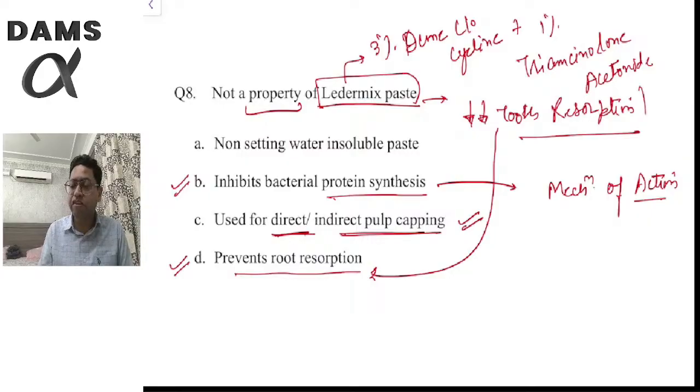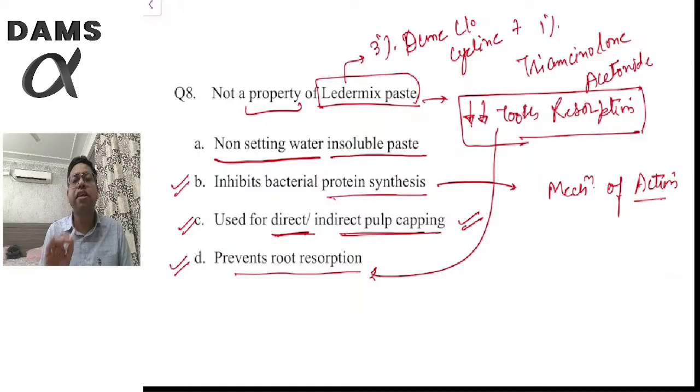The primary use is for cases of tooth resorption, but it can be used for cases of direct and indirect pulp capping. It is a non-setting water insoluble paste. This option is partially incorrect. It is a water soluble paste, not an insoluble paste. It is a non-setting water soluble paste.